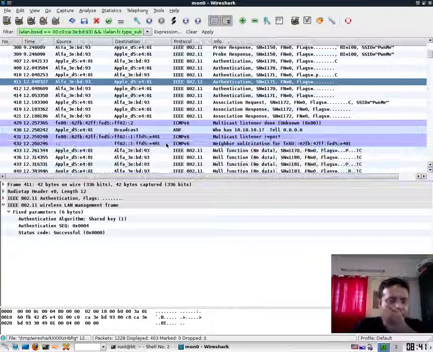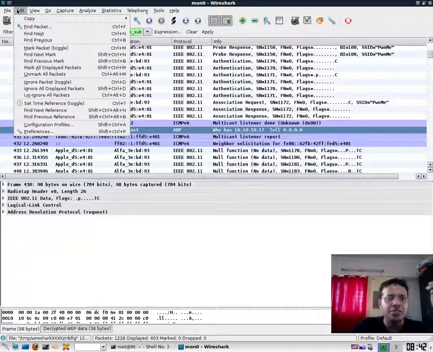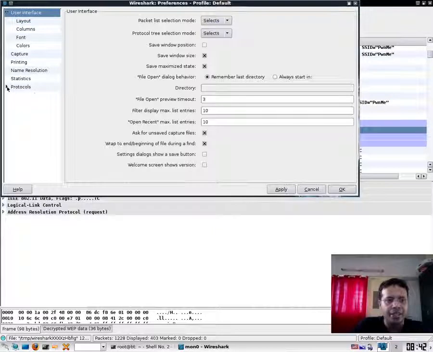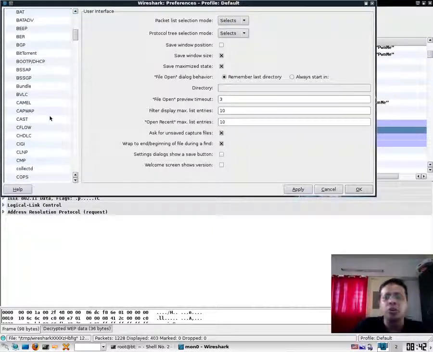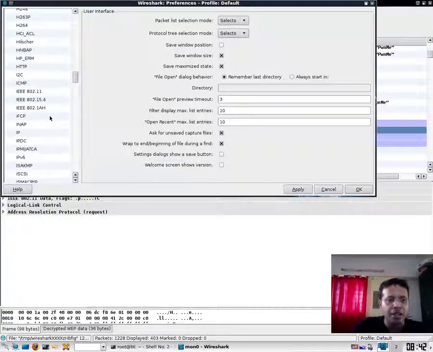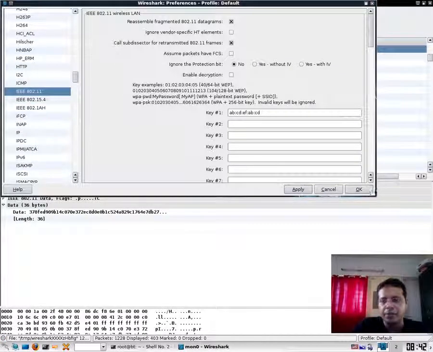Now you're wondering, how come we are able to see this data? If you remember, we had set a WEP key in one of the previous videos in preferences, right? And that is the WEP key of the authorized network PwnMe, which we had created in the previous video. And I guess I've still left the decrypt on along with the key itself, and hence we were able to see it.